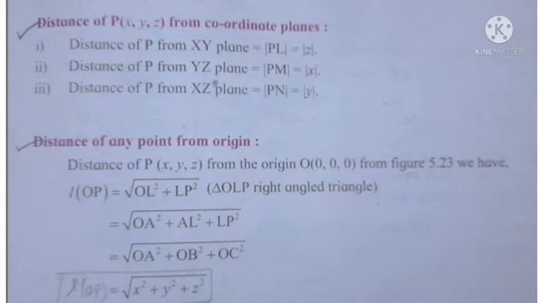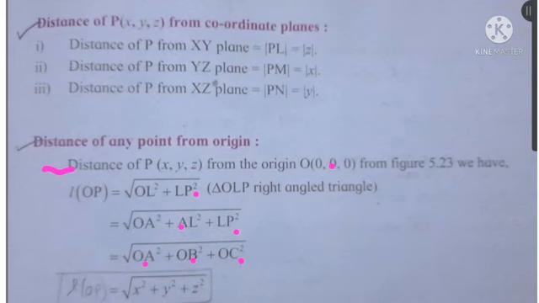Now distance of any point from origin. How do we find it? Distance of point P from origin 0 0 0. We can find length OP is equal to root of OL square plus LP square by Pythagoras theorem. You can write OL square as OA square plus AL square, and LP square, that is OA square plus OB square plus OC square.